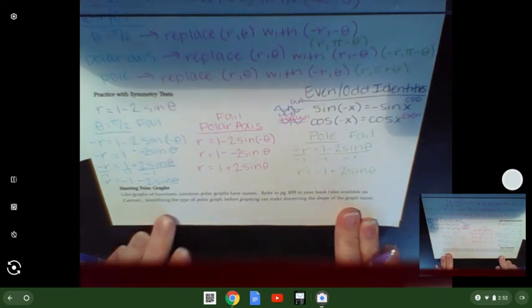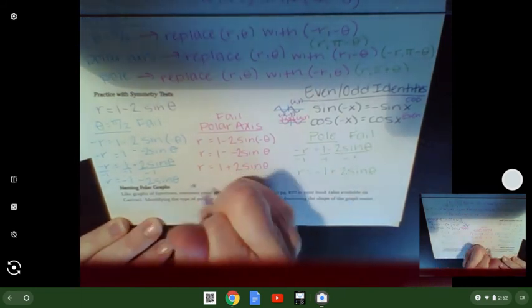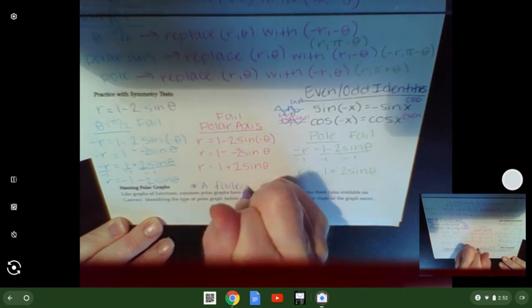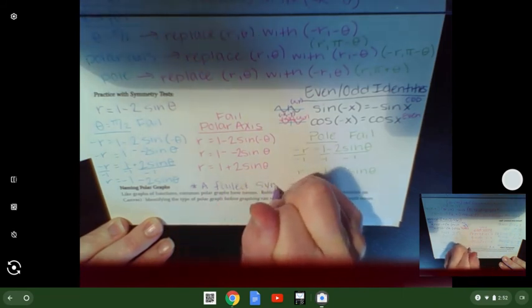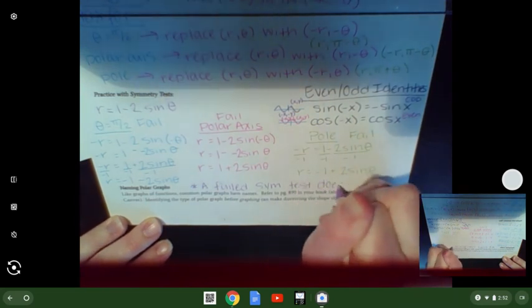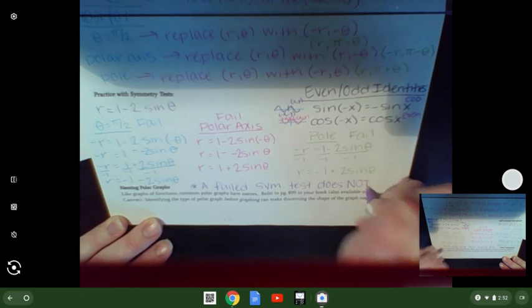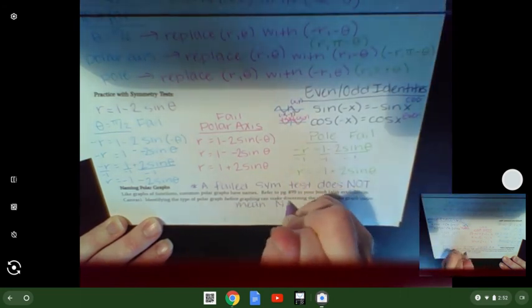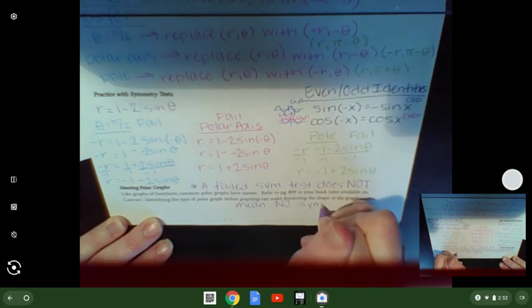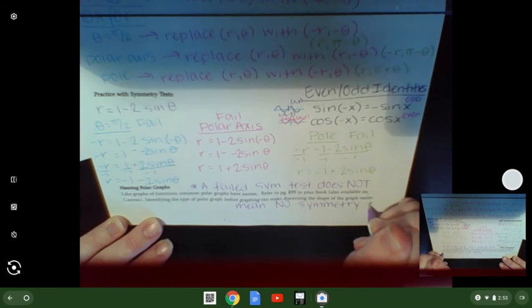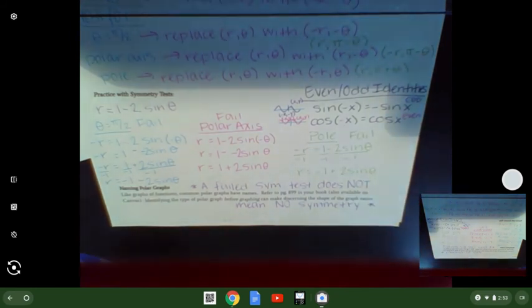It just means you failed the symmetry test. You can fail every single symmetry test and still have symmetry. It's just that passing a symmetry test could make your life easier.